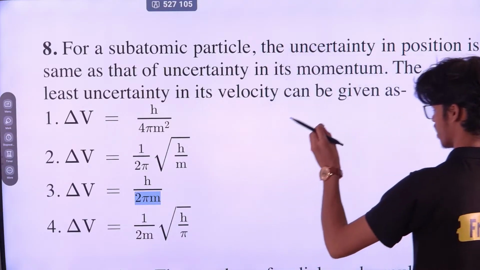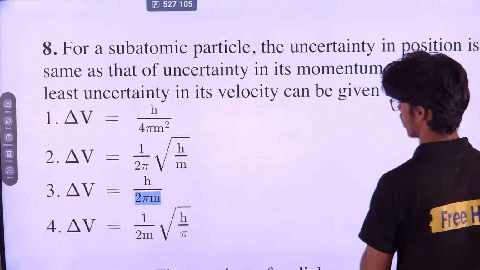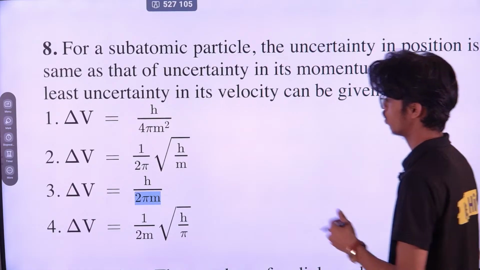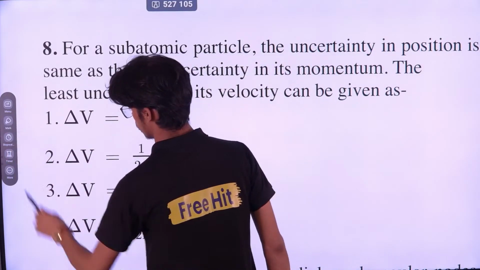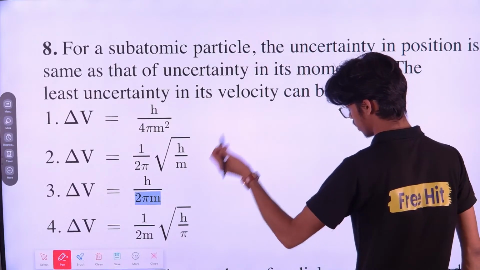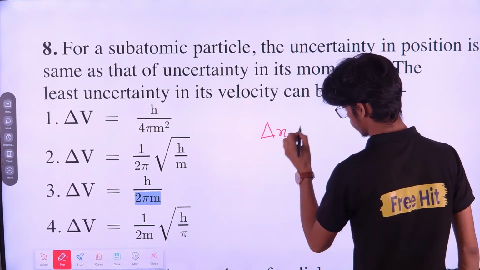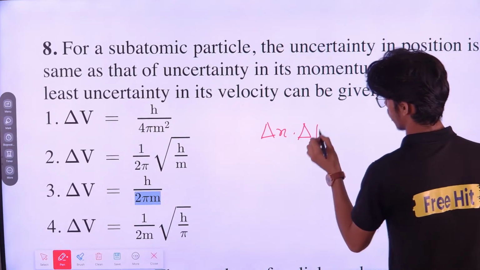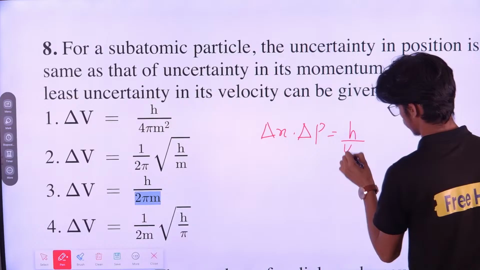It is saying that for a subatomic particle, the uncertainty in the position is the same as the uncertainty in the momentum. Do you know Heisenberg's uncertainty principle? Delta x times delta p is equal to h by 4 pi.